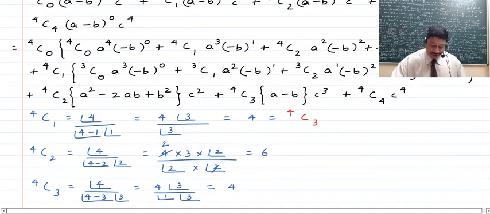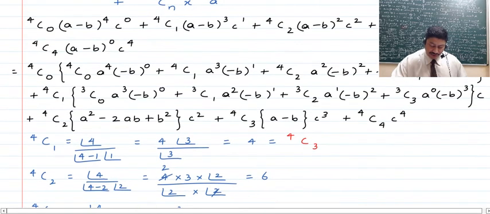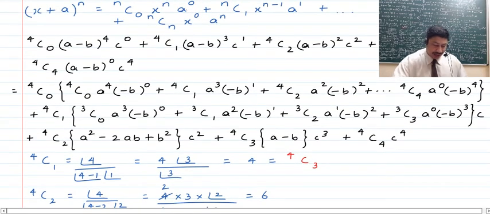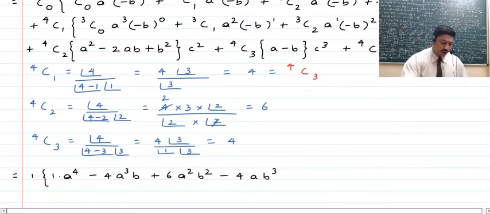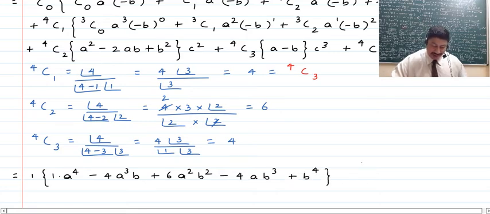Next, children, we come to the last term, which is 4c4, that is 1 times a raised to the power 0, that will also become equal to 1, and further minus b raised to the power 4 will become equal to b raised to the power 4. So next, now we write added to this plus b raised to the power 4, and this, children, is the expansion. Next, after this we require to multiply 4c1, right?